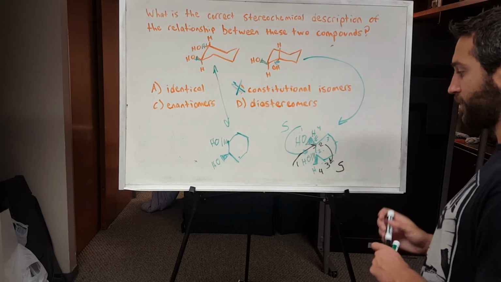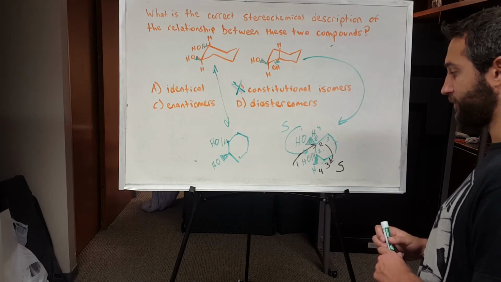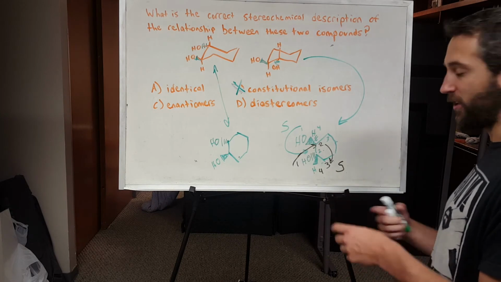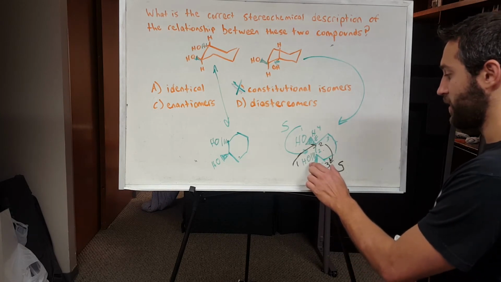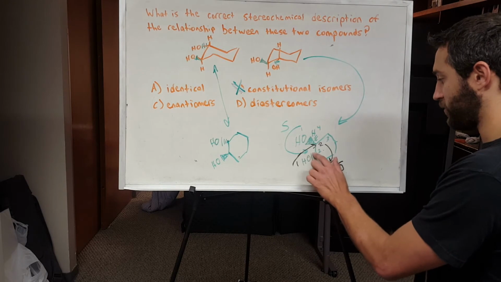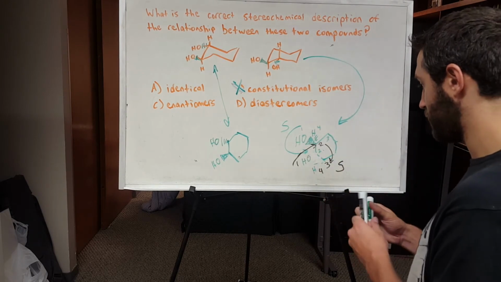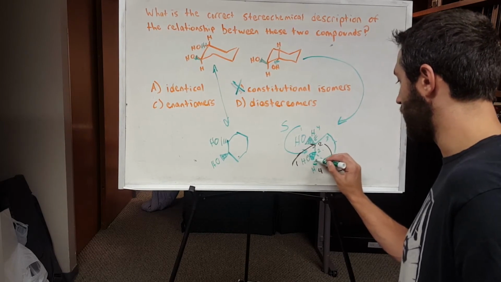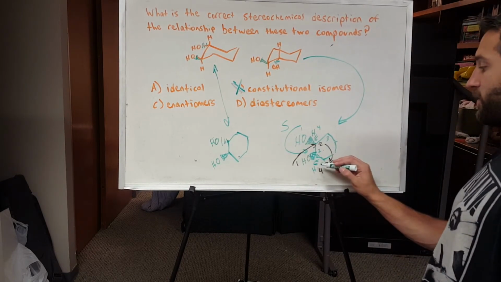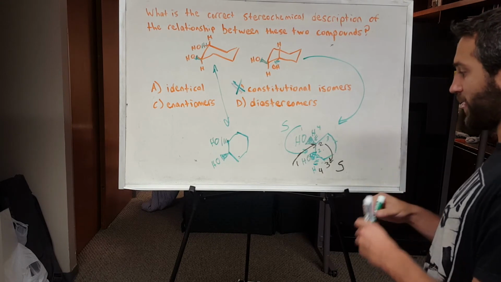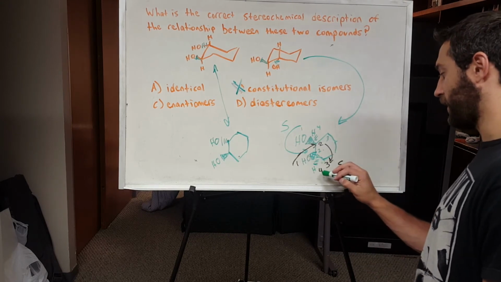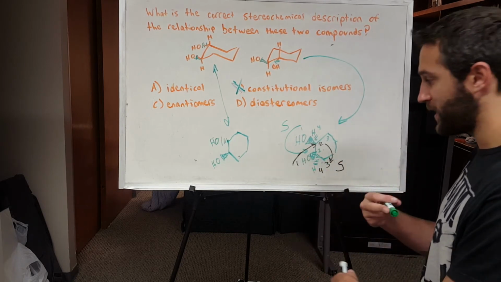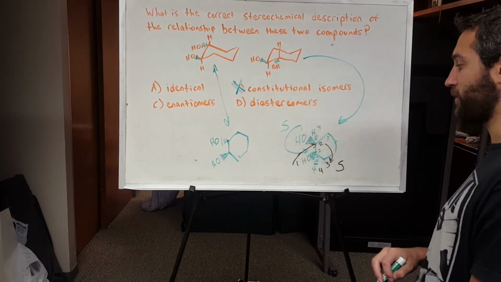So the idea behind this is that if we exchange one group, we flip the stereochemistry. So if we switch these two groups, OH and H, we would get OH in front, H behind the ring. So we go through, we determine it's R, but since we exchanged one group, we changed the configuration, so it was really S to begin with.